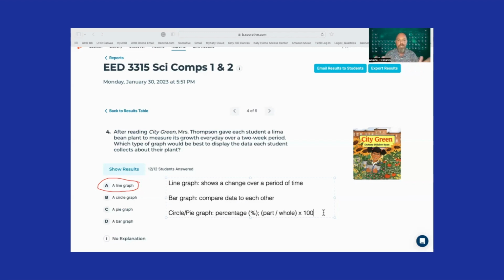So that would likely, again, be displayed as a circle or a pie graph, because it's showing the part as compared to the whole. What percentage of students are non-white Hispanic students compared to all of the students within Klein ISD, for instance? That would be shown as a circle or a pie graph.